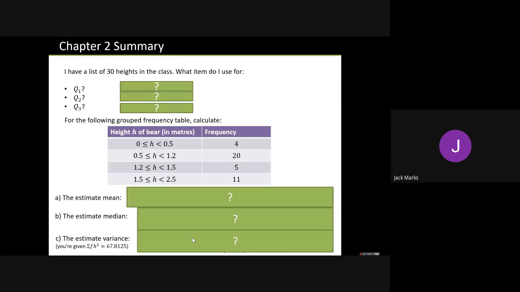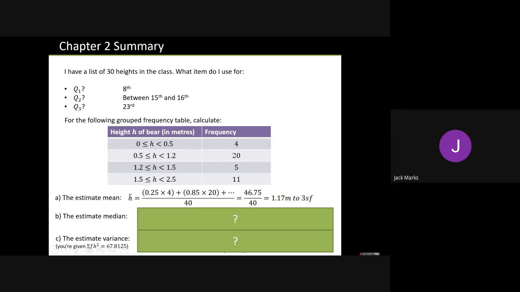So just to sum up then, you should be confident finding quartiles using rules for listed data, but also for grouped data. We have a grouped frequency table here with some values. The estimated mean, we will use midpoints, adding the midpoints, dividing by the number of frequency.